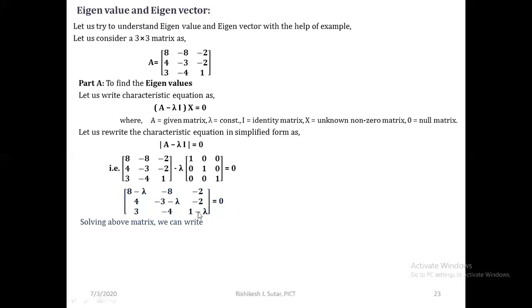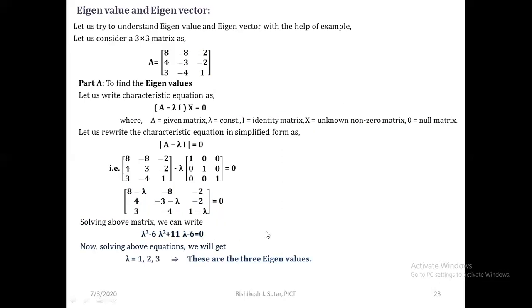If I solve this matrix, then I can get the equation as λ³ - 6λ² + 11λ - 6 = 0. Now if I solve this equation, I will get the values for λ, that is λ = 1, 2 and 3.